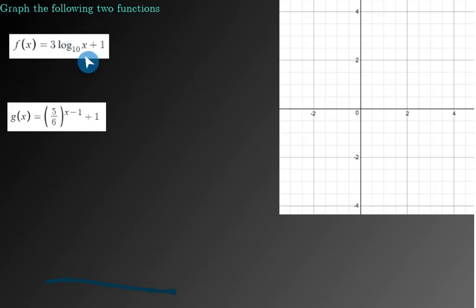So logarithms should go through 1, 0, right? And, based on this function, we have two transformations. This is a vertical stretch by 3, and this is a shift up 1, right?